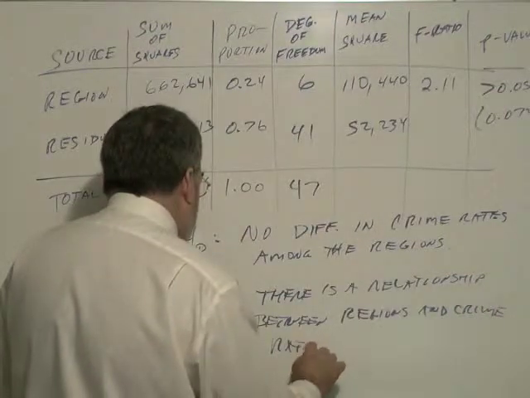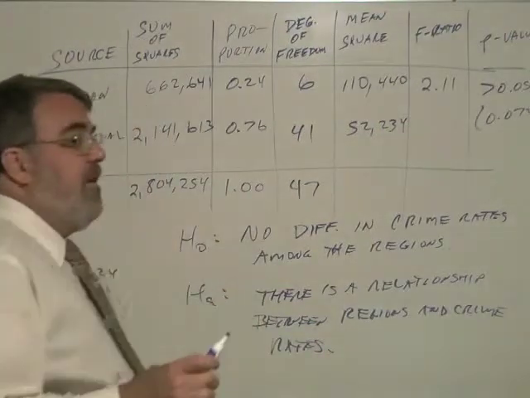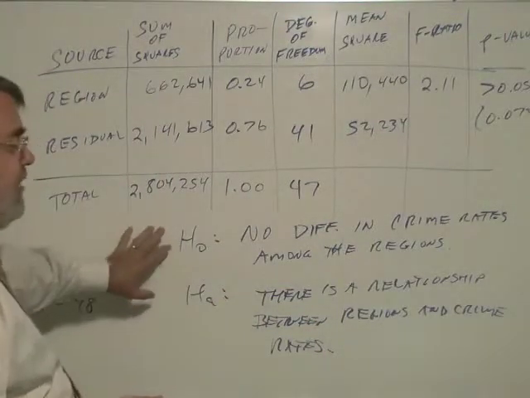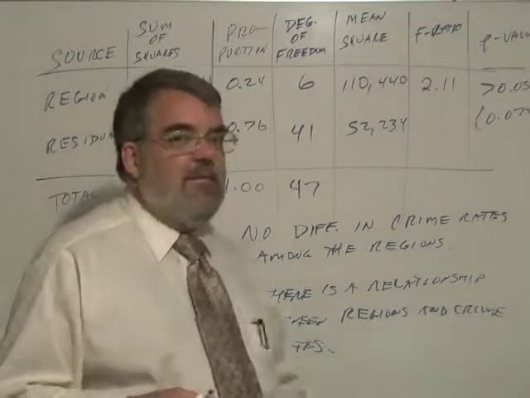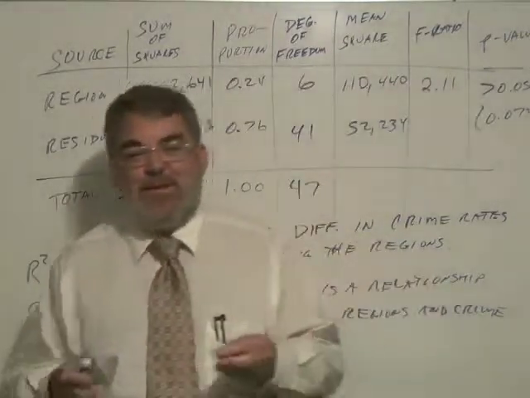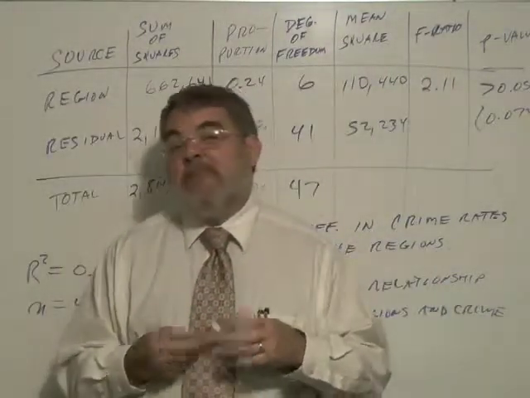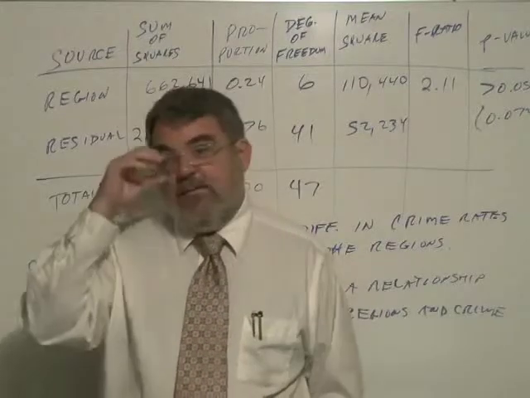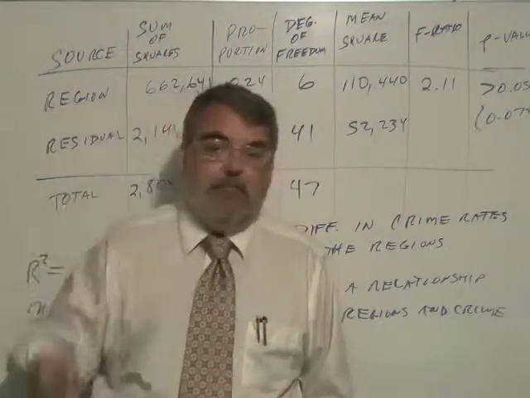All right, so we failed to reject the null hypothesis, so we don't have enough evidence to conclude that this is strong enough to show that there's a difference in crime rates by region of the country. So anyway, with a p-value of greater than 5%.